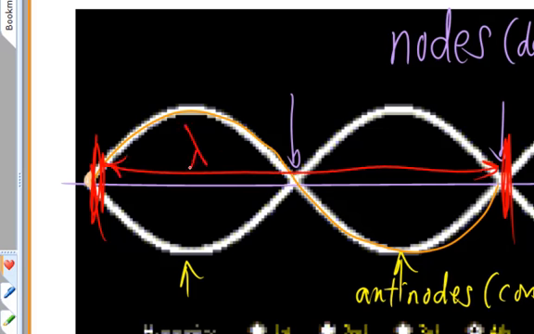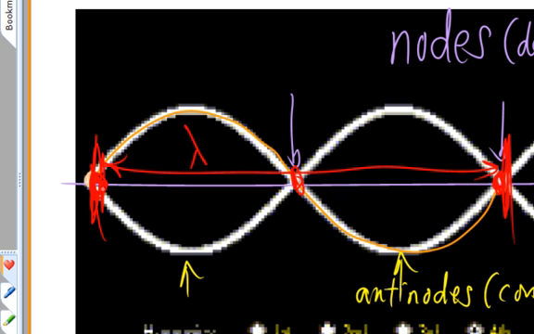And so one wavelength for a standing wave is going to include two complete antinodes. So that pattern there that has one complete crest and one complete trough is considered a single wavelength. That's going to be important when we get to standing waves in pipes and standing waves on strings, and we're talking about harmonics of wave systems.